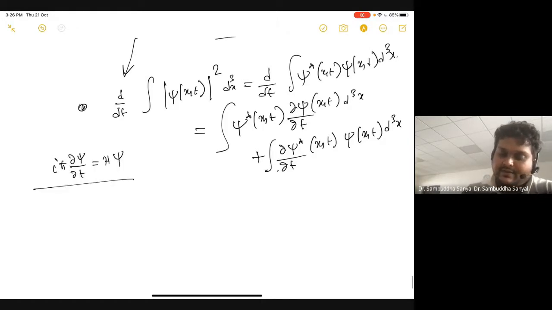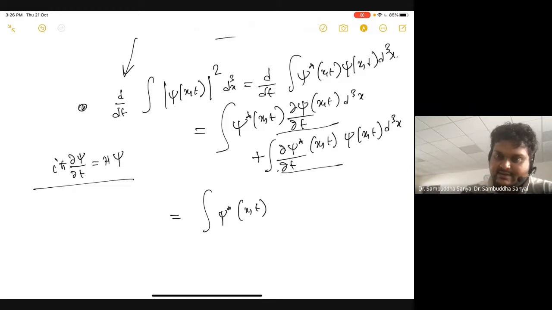Okay. Now if I use it here and here, I will get the following: psi star(x,t) times minus i/h bar H psi(x,t).